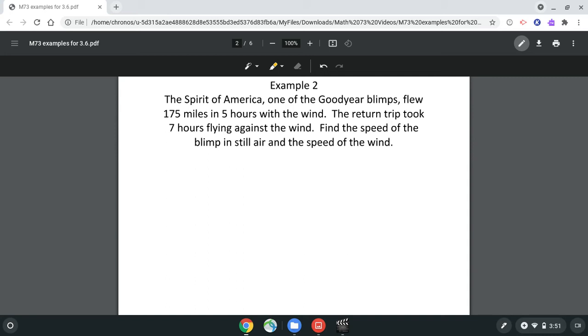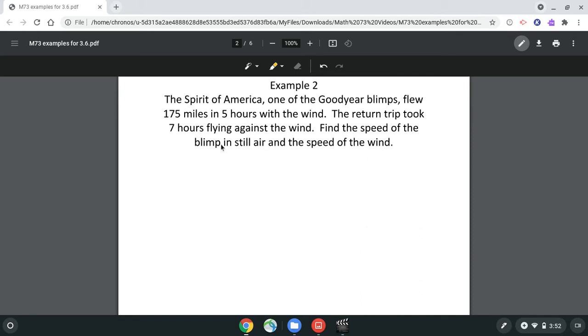So here the Spirit of America flew 175 miles in 5 hours with the wind, and then 175 miles took 7 hours against the wind. Find the speed of the blimp in still air and the speed of the wind.